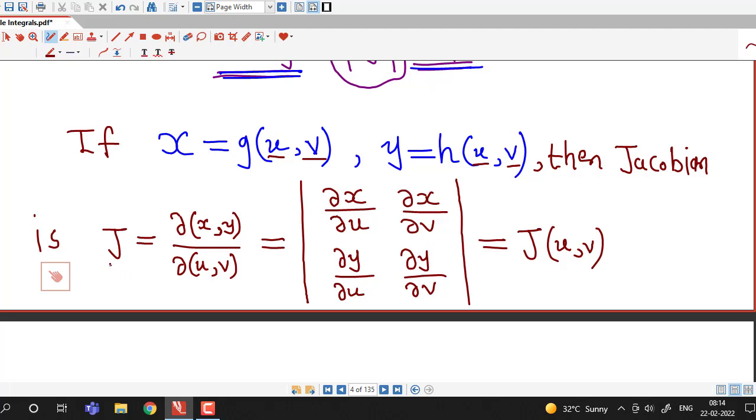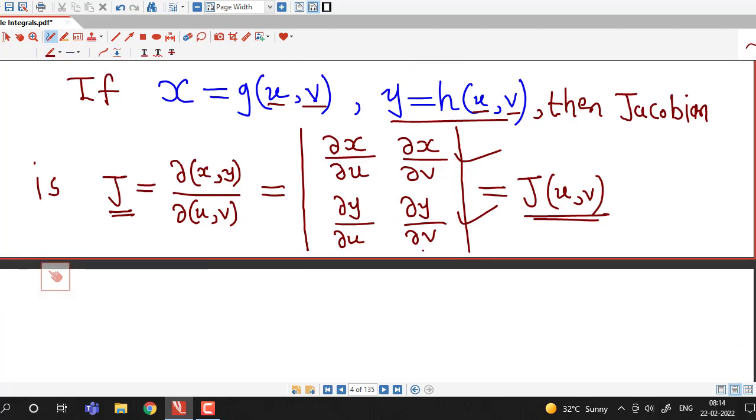This is another notation for J. We can use this notation also, but we will remember that it is the determinant. A determinant having 2 rows and 2 columns. The first row stands for partial derivatives of x with respect to u and v. The second row stands for partial derivatives of y with respect to u and v.